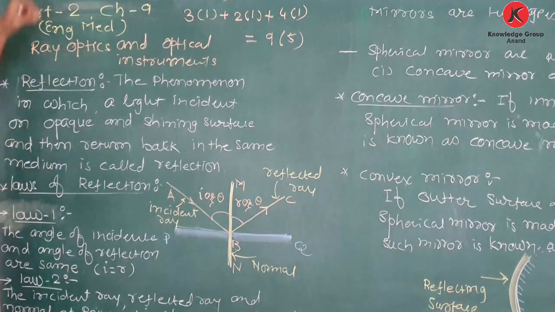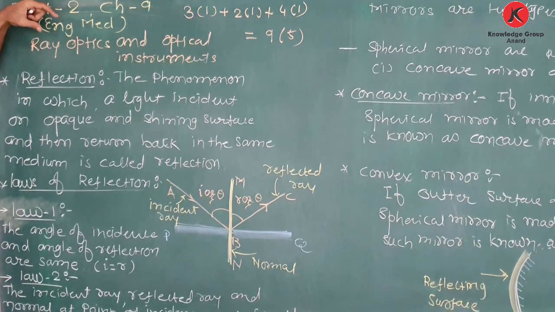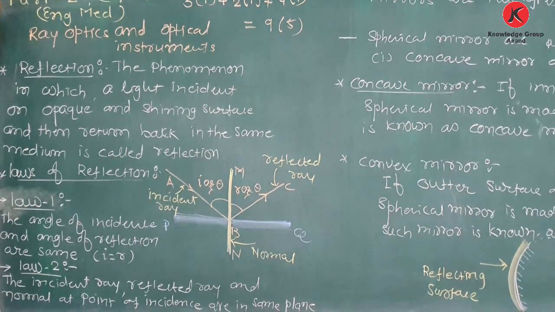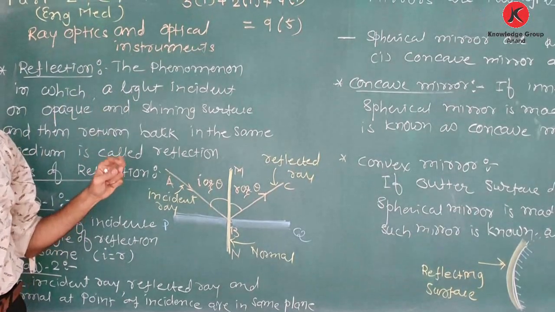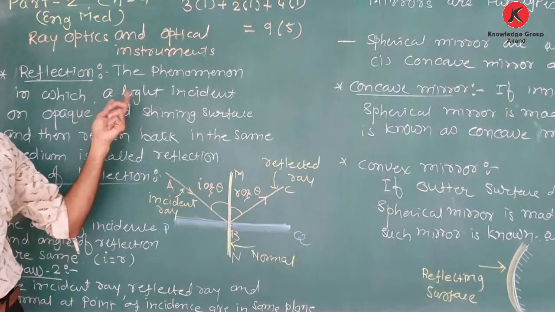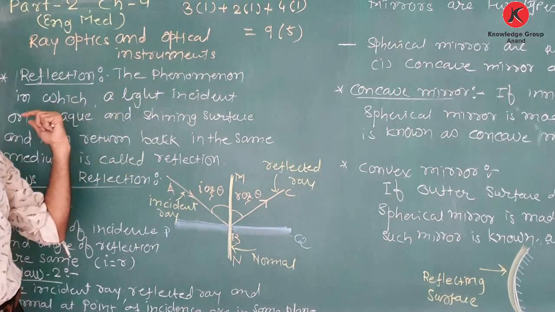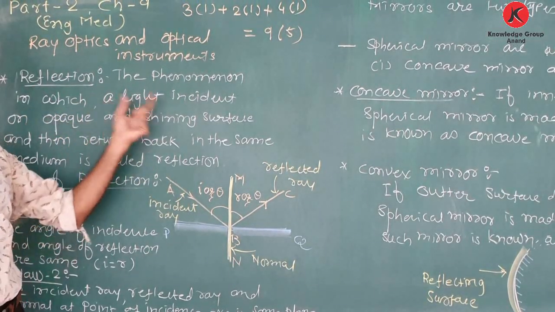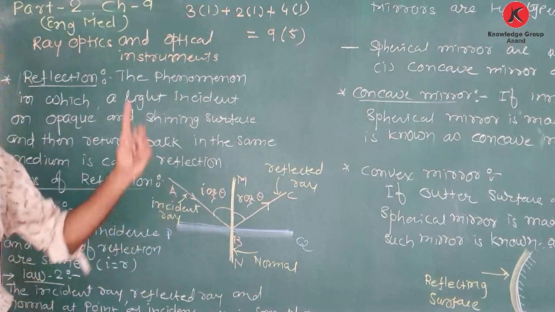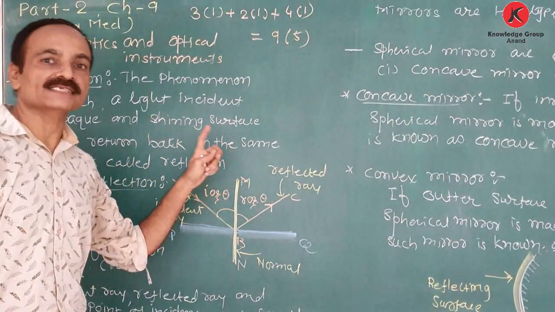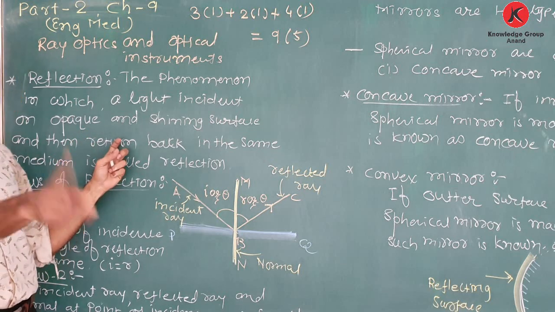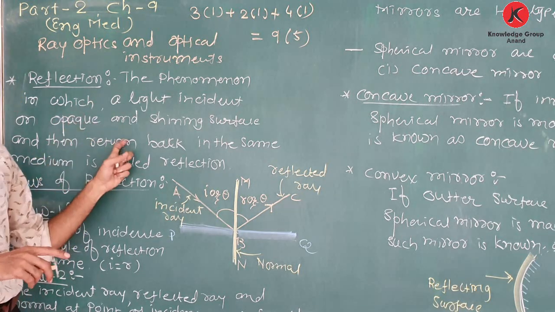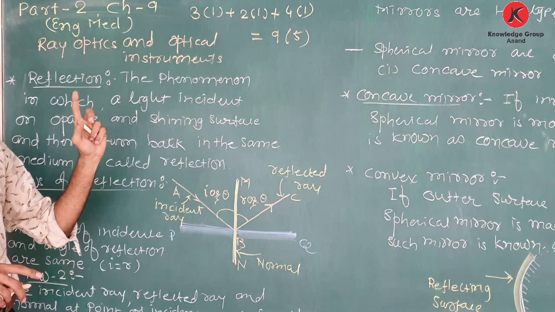Most of the part of this chapter you already learned in 10th standard. We start our discussion with what the phenomenon of reflection is. We know that in our daily life reflection takes place. The phenomenon in which light is incident on an opaque and shining surface and is reflected back in the same medium is called reflection.